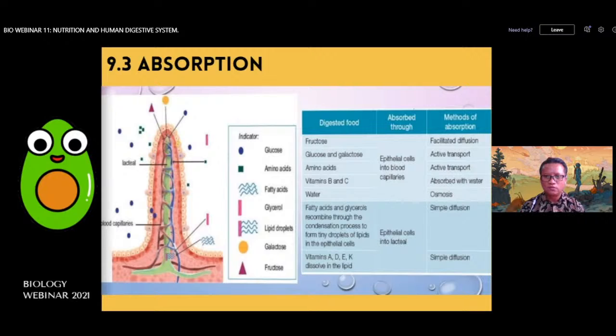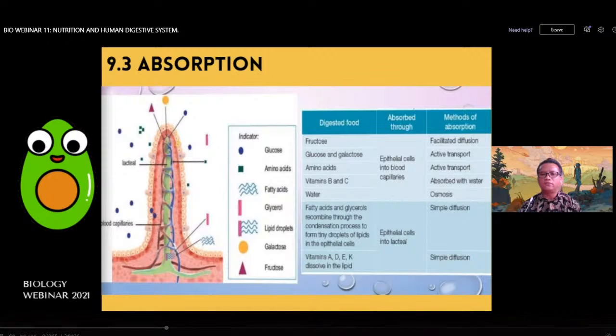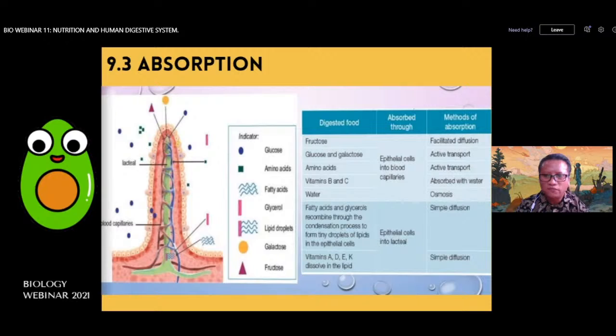Okay, so the method of absorption, you have already learned that in Form 4, Chapter 3, if I'm not mistaken, the movement of substance across the plasma membrane. Okay, so for example, let's take fructose.